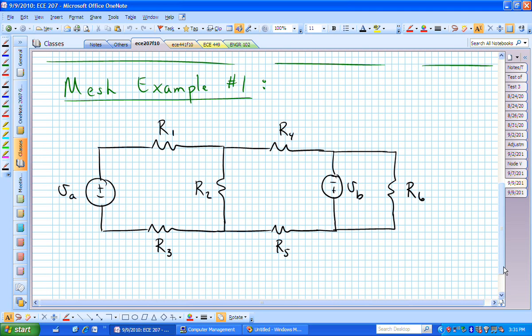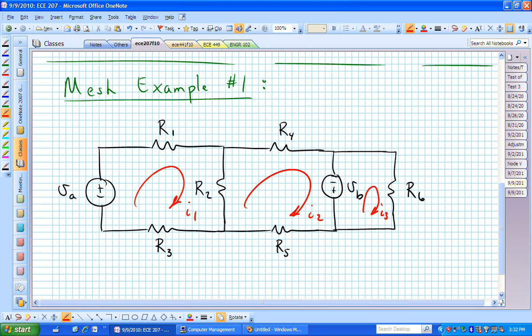I hope it is clear that that looks like three window panes or meshes. It looks like there's more nodes than there are meshes, and because of that it might be to our advantage to actually do mesh analysis if all of these are valid meshes. Here's I sub 1, I sub 2, and I sub 3.